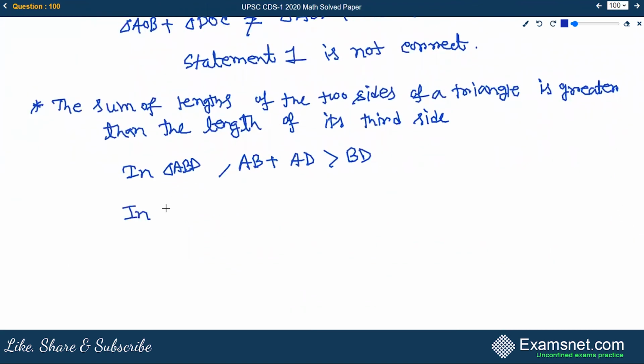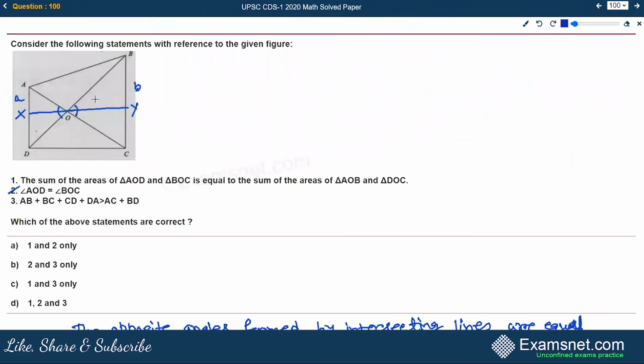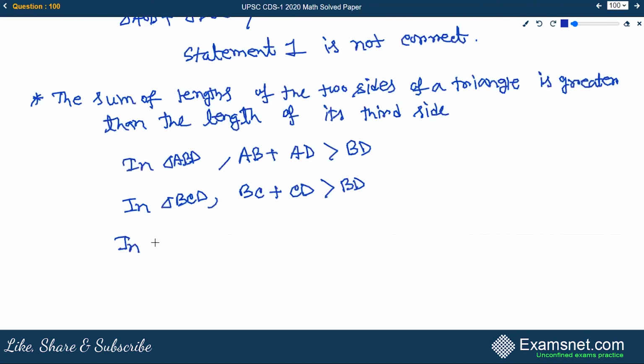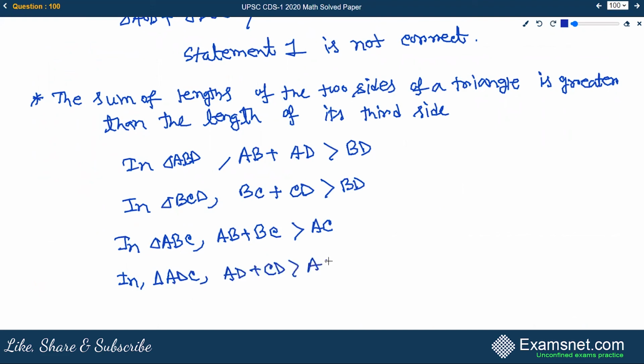And in triangle BCD, we can write BC plus CD that is greater than BD. Now another two triangles we can take here. Let's say ABC. So AB plus BC greater than AC and AD plus CD greater than AC. So let me write it here. In triangle ABC, AB plus BC greater than AC, and in triangle ADC, AD plus CD that is greater than AC.